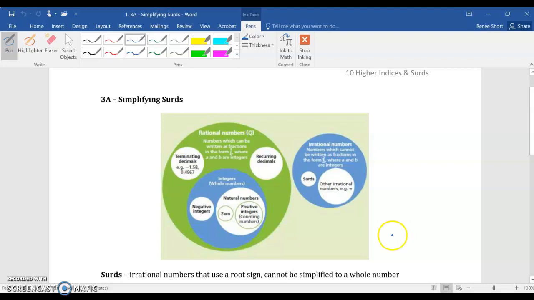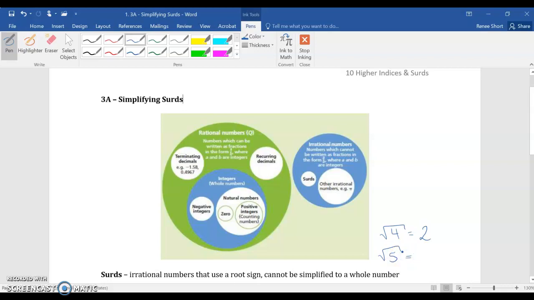So for example, if I said to you the square root of 4, hopefully you could tell me that a number squared that gives us 4 is 2, so the square root of 4 is actually equal to 2. However, if I asked you for the square root of 5, now that's not a perfect square.